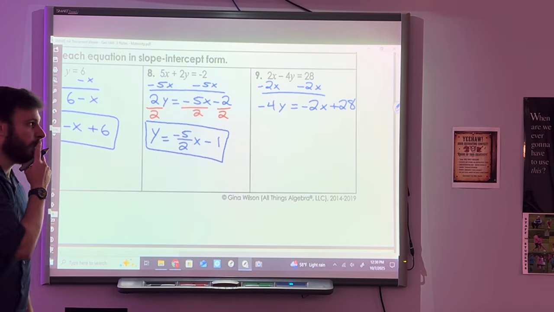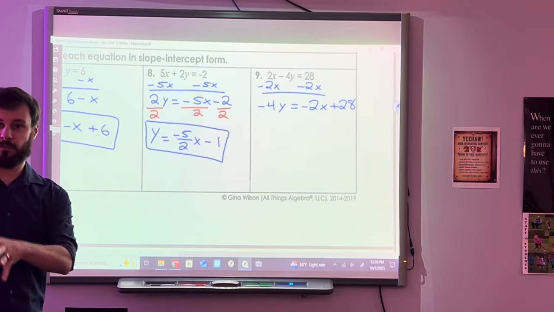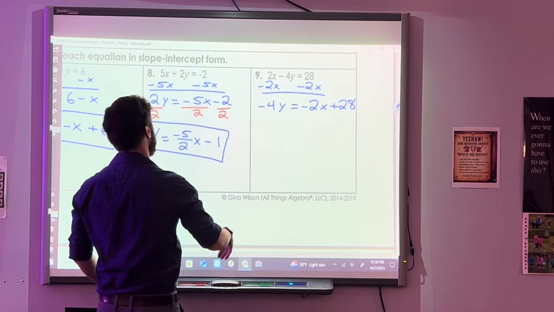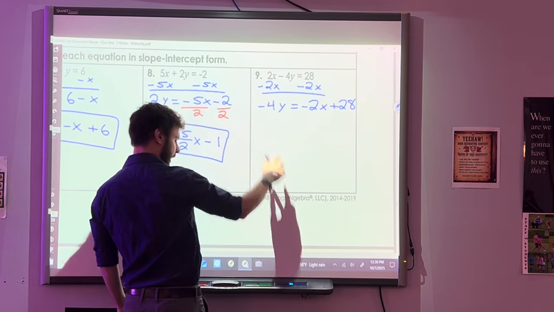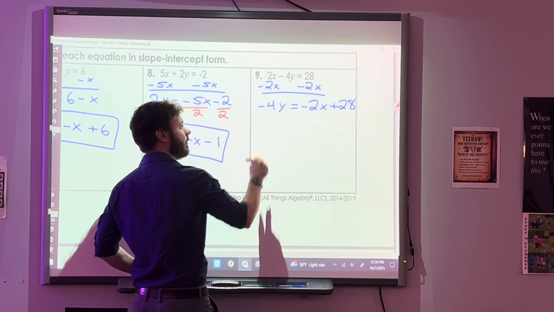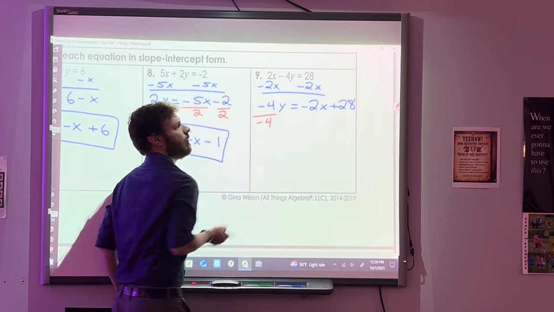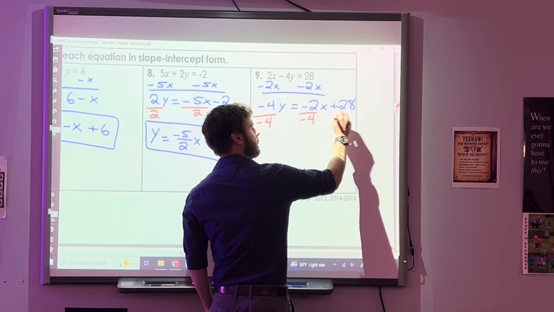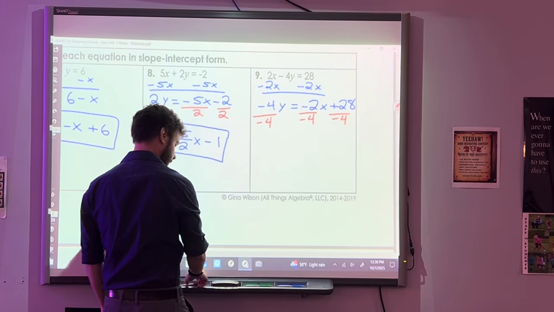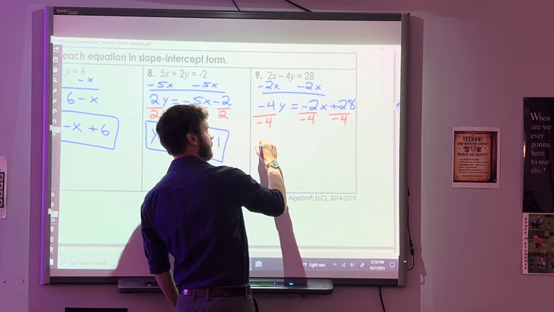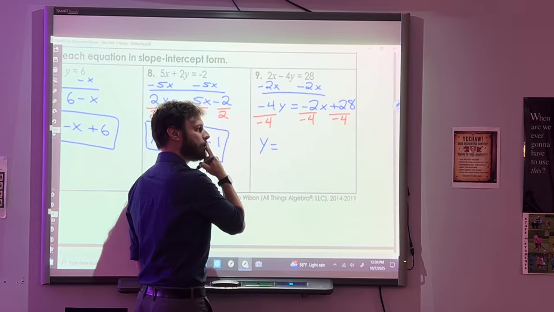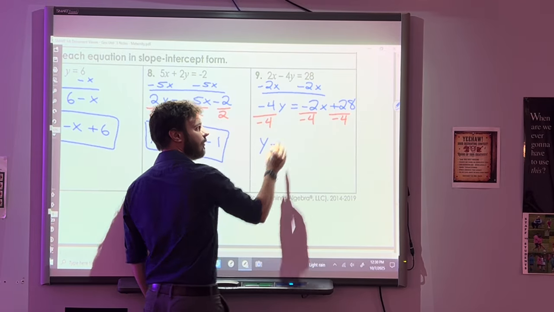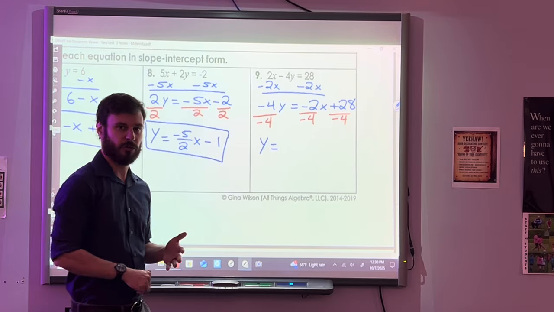Okay, so far same thing, I moved the x, it's happened every time. Now just like this one, I'm gonna need to divide by whatever is in front. Just remember to keep the sign with it too as you divide. 2 over 4 will reduce to a 1 over 2.